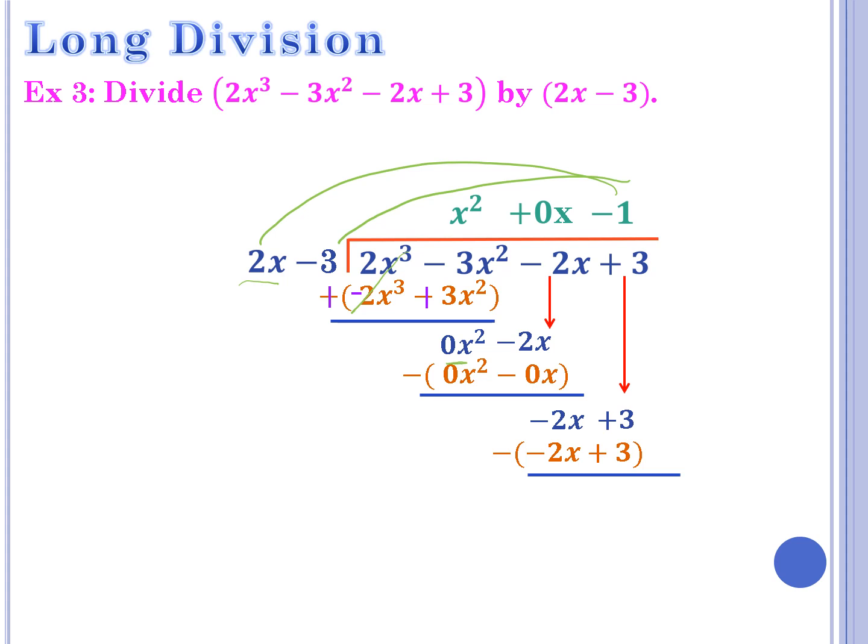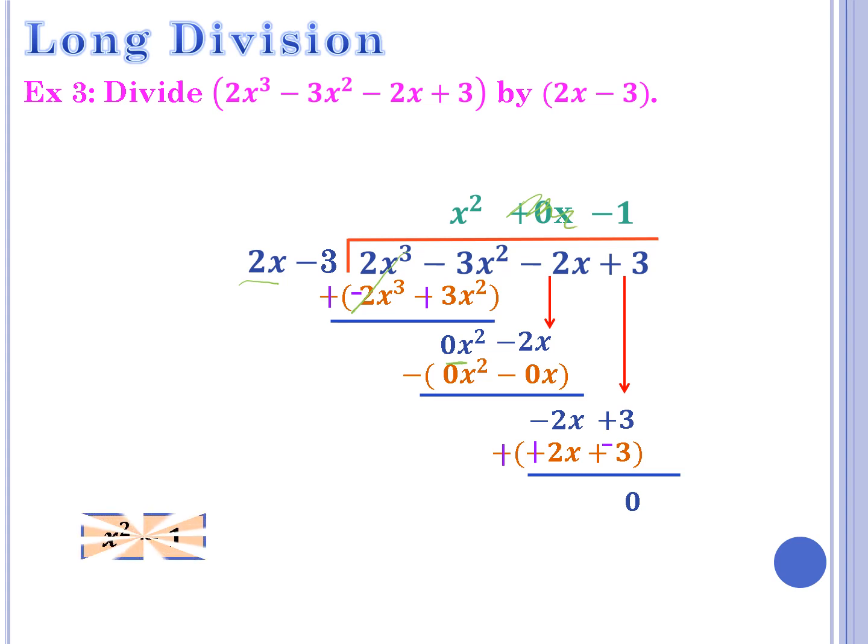Well, again, add, change, change. And when I add, change, change, I get 0. Now, when you are writing your quotient, you can drop the 0 term and you can say it's x squared minus 1. Now, could I say 3/2 is a root?